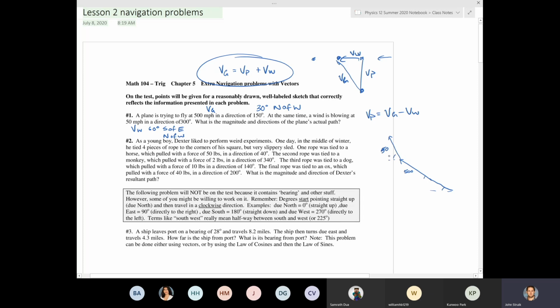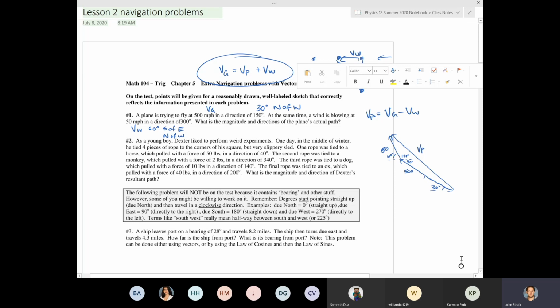And this is 60 degrees right here. And so the velocity of the plane is going to be that right there, VP. And so then if this is 30 degrees, this is 30 degrees, this is 120 degrees, and so this interior angle is 150 degrees.